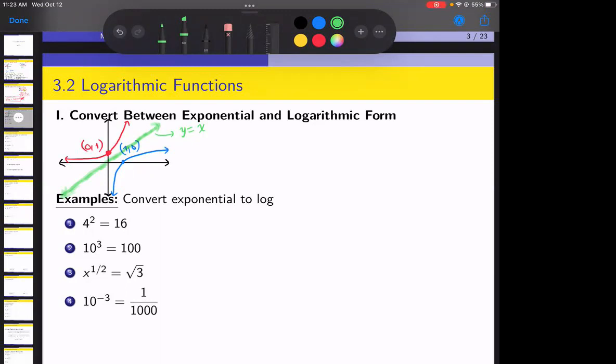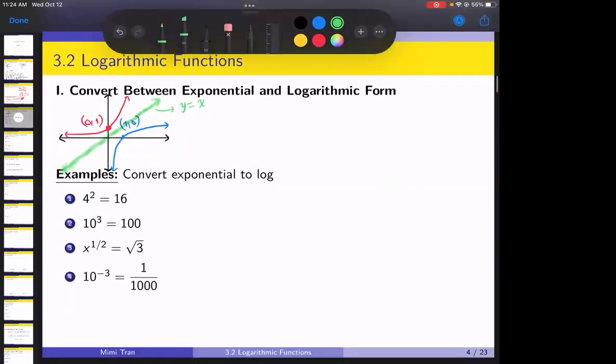Now, remember what the horizontal asymptote of the red graph is? y equals 0, right? Everything is opposite, so this one, instead of having a horizontal asymptote, has a vertical one. What's the equation? x equals 0. So y equals 0, and then the other one x equals 0. Not opposite, but switching things around.